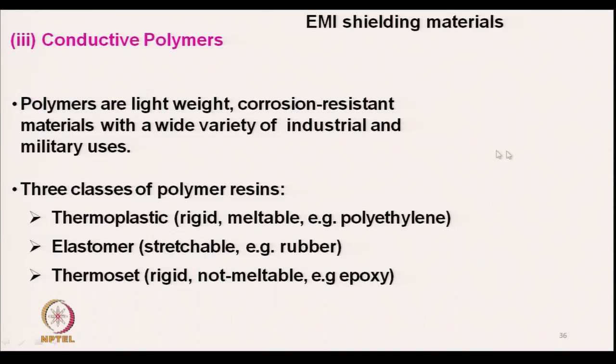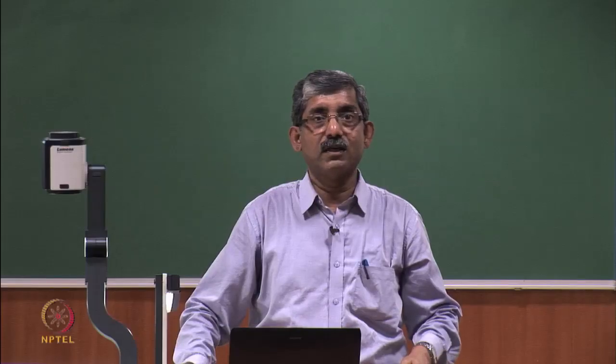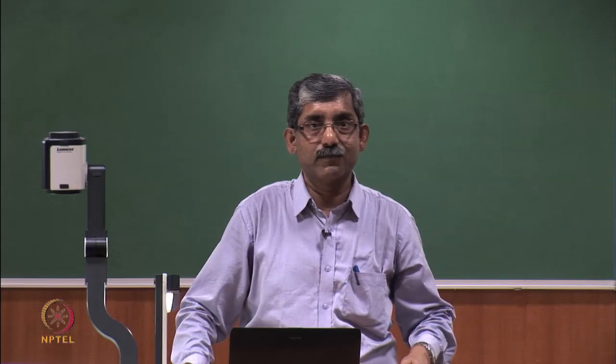The next product is conductive polymers. Polymers are normally used for their light weight and corrosion resistance. They are used widely for industrial and military applications.